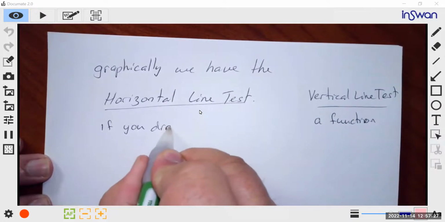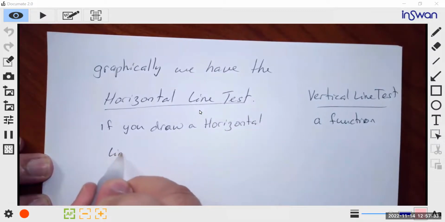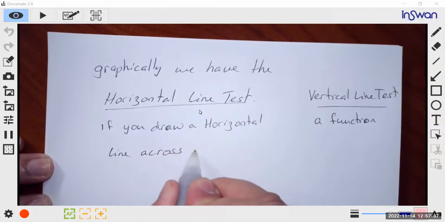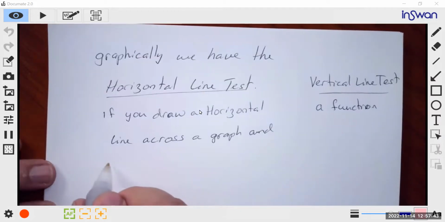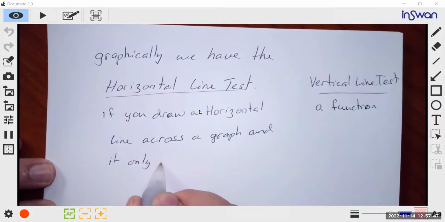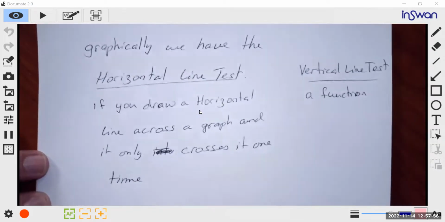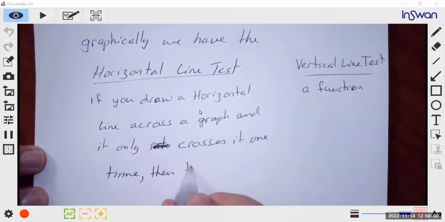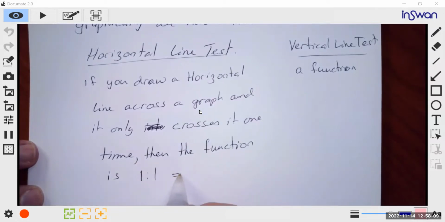If you draw a horizontal line across a graph, and it only crosses one time, then the function is one-to-one, which means it has an inverse.